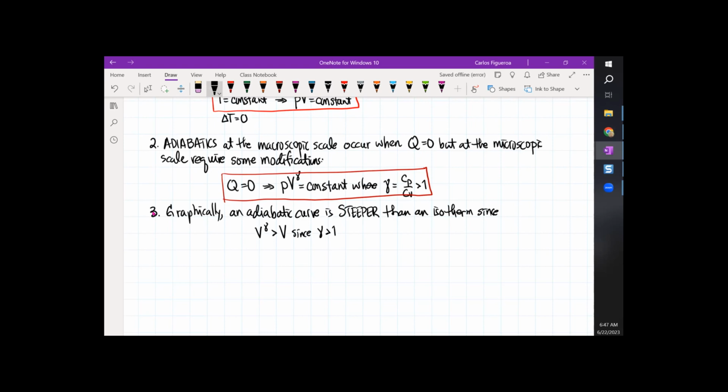So if I plot this, what am I seeing here? Let's say that this is an isotherm, and then here's another isotherm. If this is T1 and this is T2, we know that T2 has to be greater than T1. So then an adiabatic curve can go from here to there.